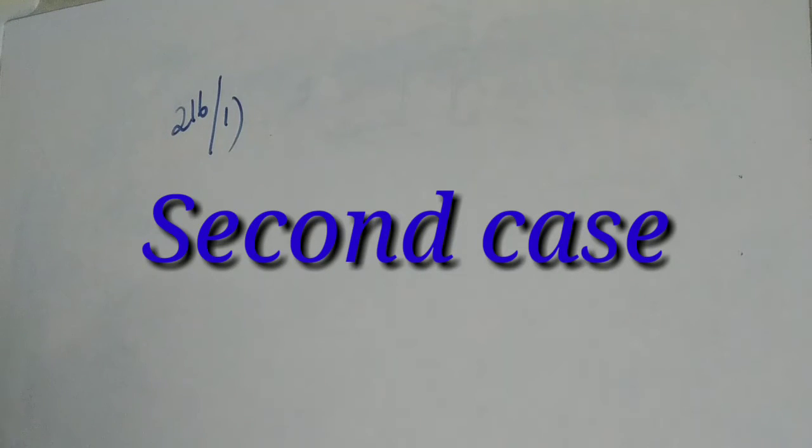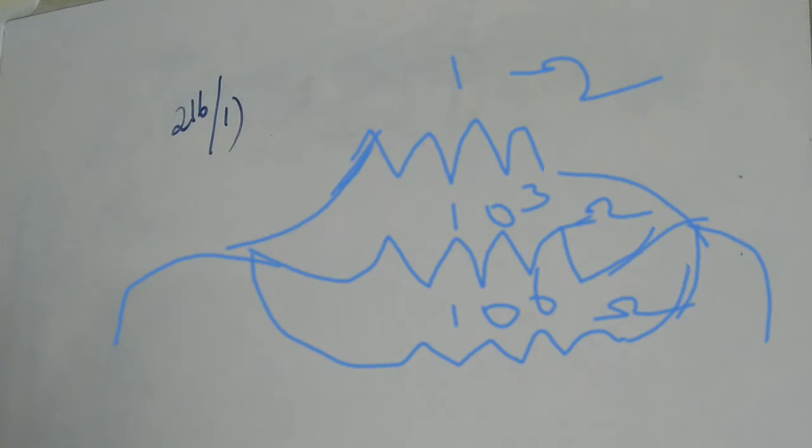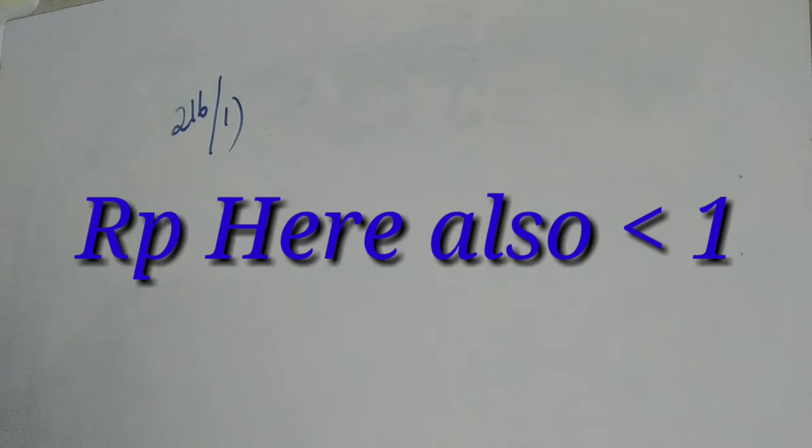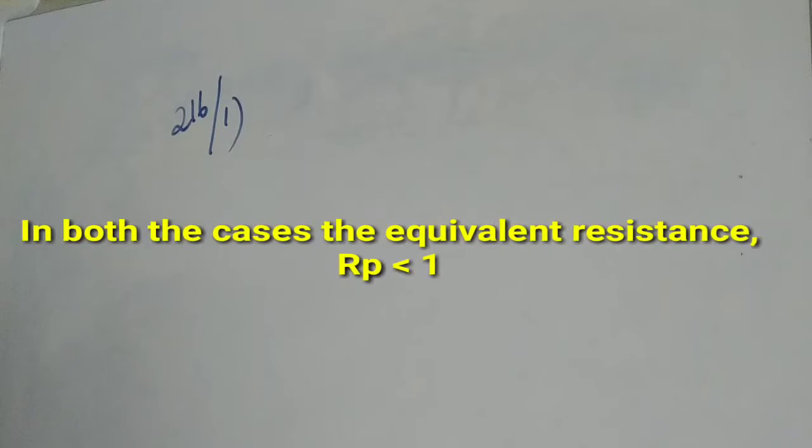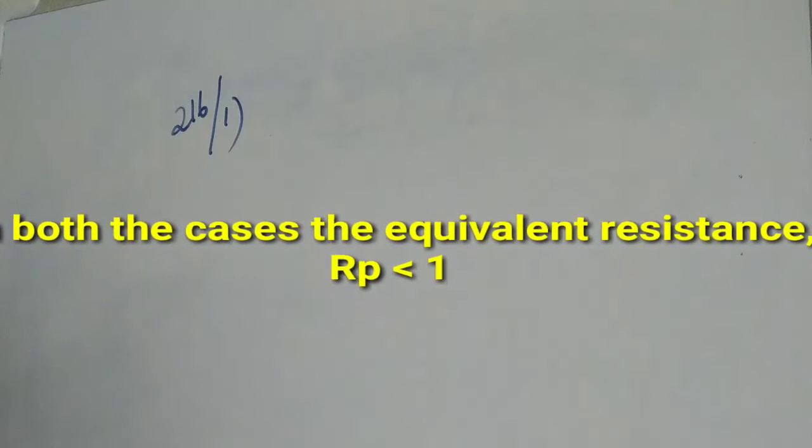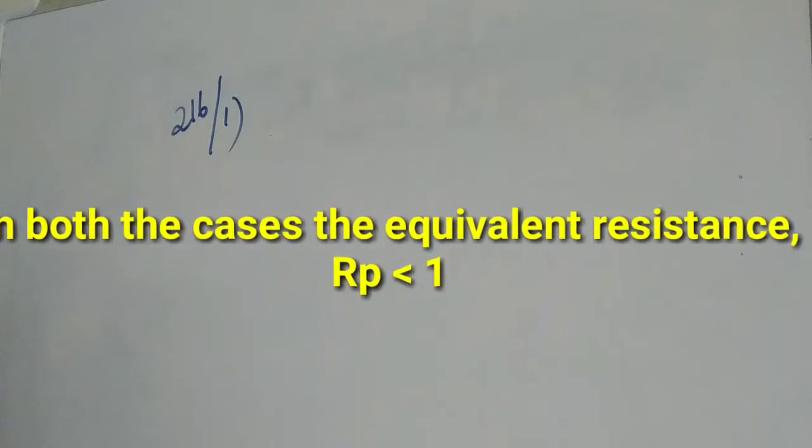In the second case also, 1 ohm is the least resistance and all the 3 resistors are connected in parallel: 1 ohm, 10 cube ohm and 10 raised to 6 ohms. Since they are connected in parallel, the net resistance will be less than 1 ohm. So the judgment is that in both the cases, the equivalent resistance is less than 1.